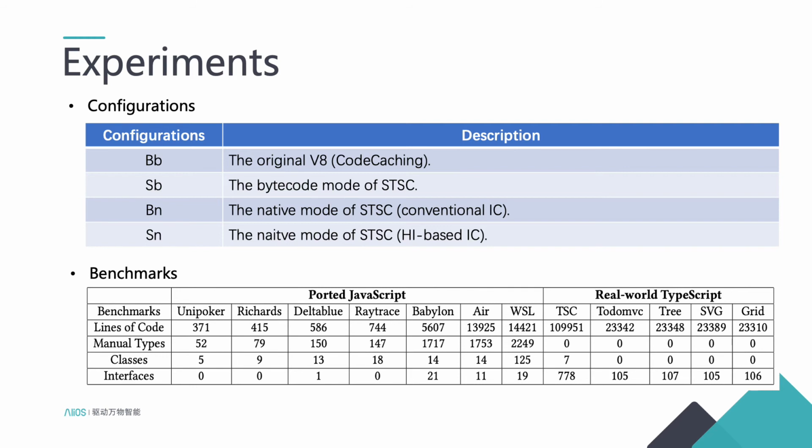As we manually port some benchmarks from JavaScript to TypeScript, the manual types row indicates the number of added static type annotations. The classes and interfaces rows indicate the numbers of classes and interfaces in the benchmarks, respectively. We run and compare the benchmarks with four configurations, BB, SB, BN, and SN, as shown in the configuration table.